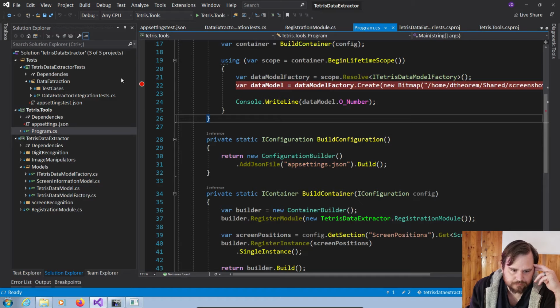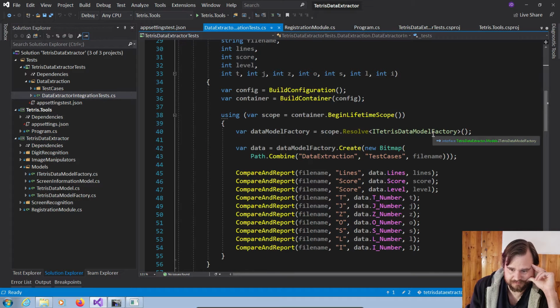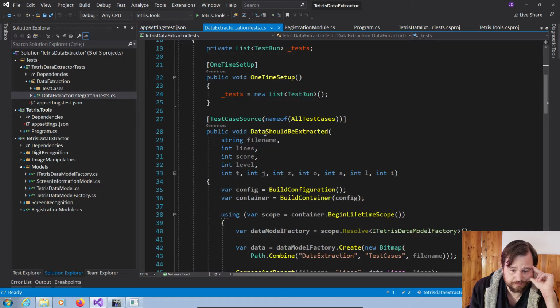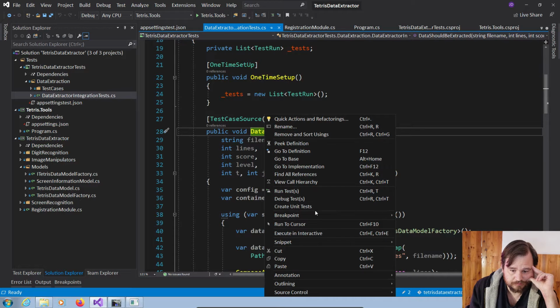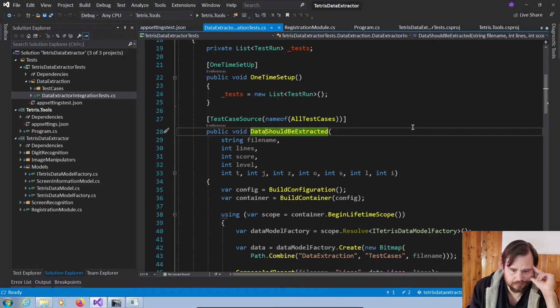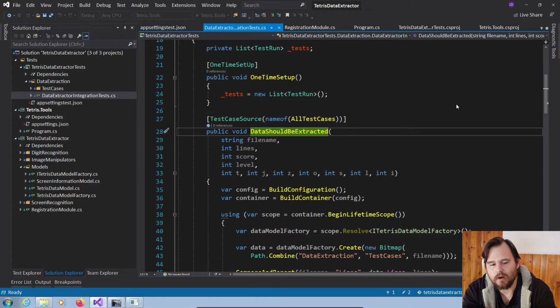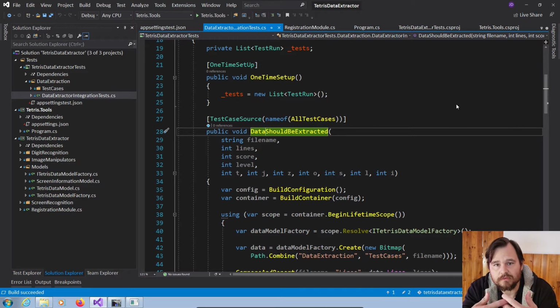All right then. Well, should we run the tests? Let's run the tests and see what happens. So here we go. Now I should say, the thing that caused me to write these tests in the first place was we refactored and everything broke.